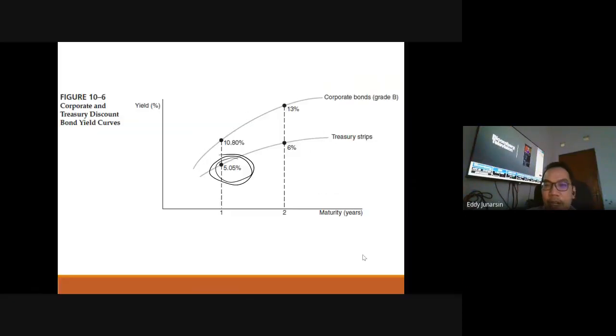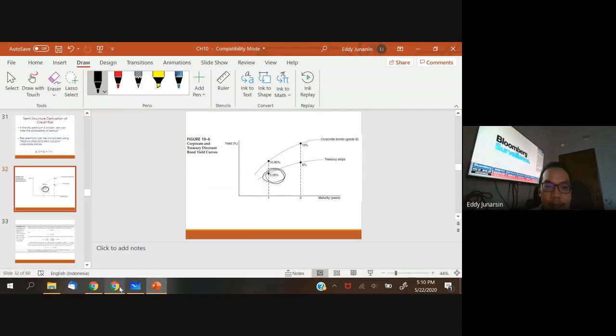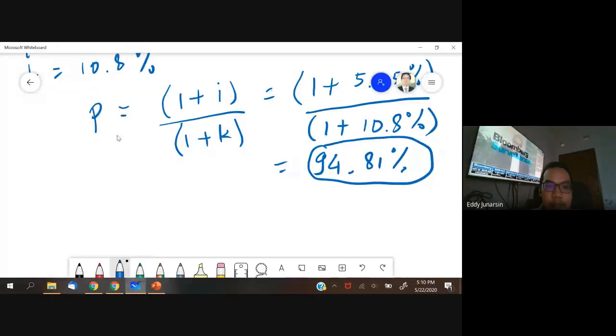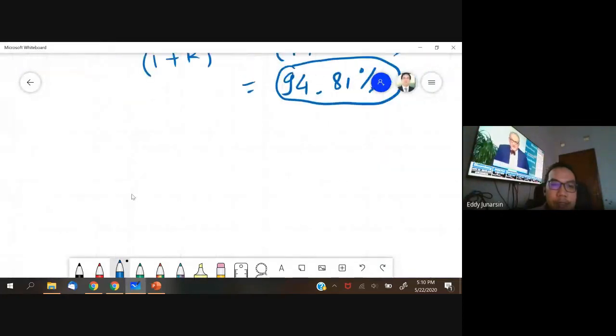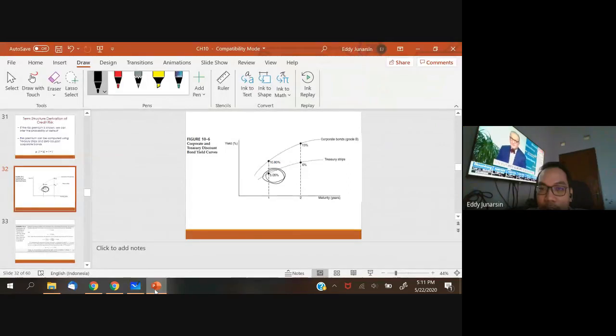So what about 2 years? Let's check now. What is the probability of default for 2 years? So it's this one, right? The ratio here, 6 and 13. Up here. So see here, if I draw it, this one is for the government one, 5.